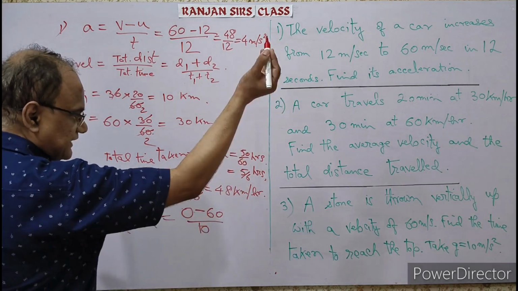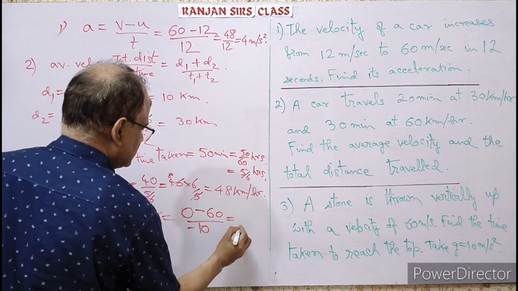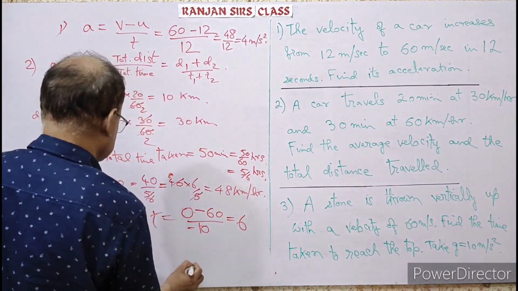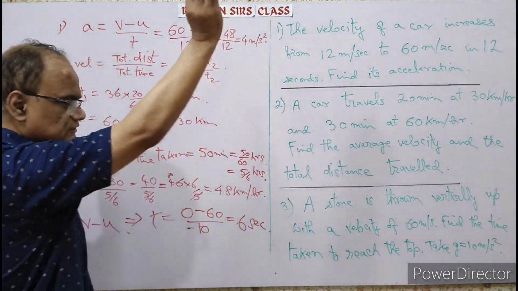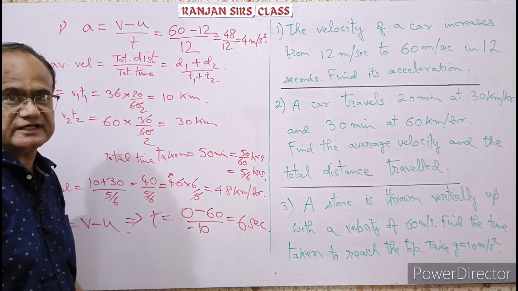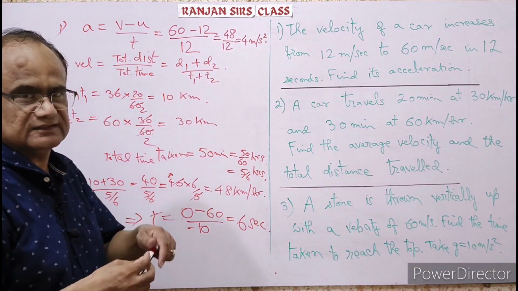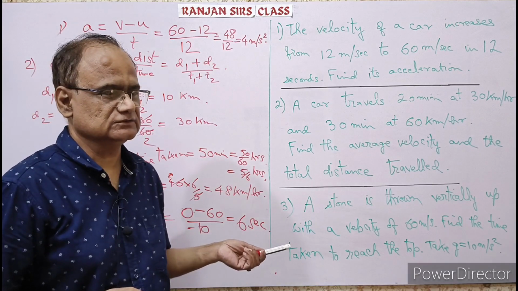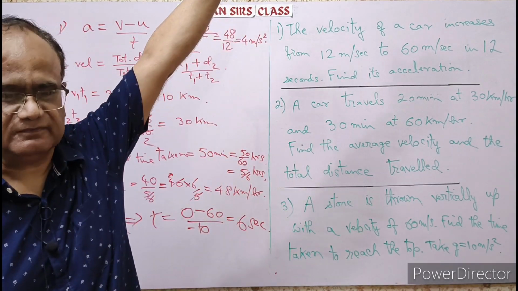That is negative because the ball was going up, it will be minus 10. So we are getting t equal to 6 seconds. Therefore, the time taken to reach the top is equal to 6 seconds. Clear? Okay, then in the next part we will find out the distance traveled by the ball to reach the maximum height.